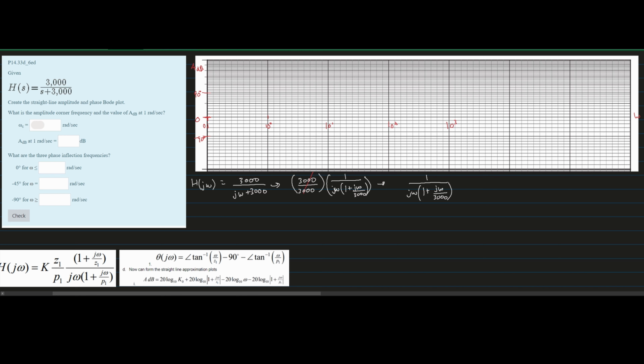With that done, we can look at the two parts we have: our 1 over jω, and then this 1 over 1 plus jω over 3000. So let's look at the 1 over jω first.